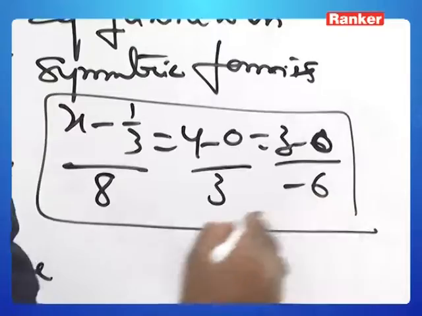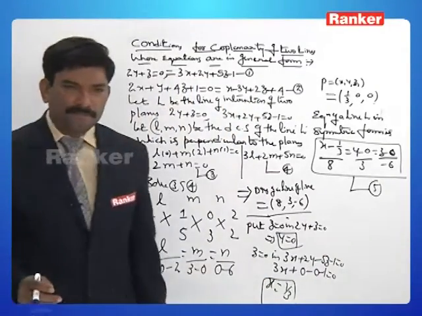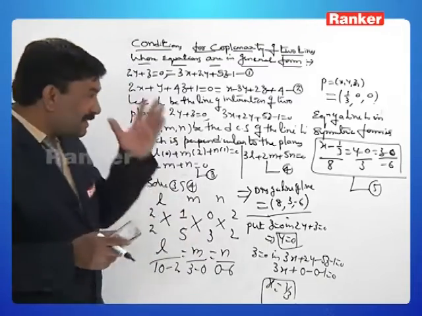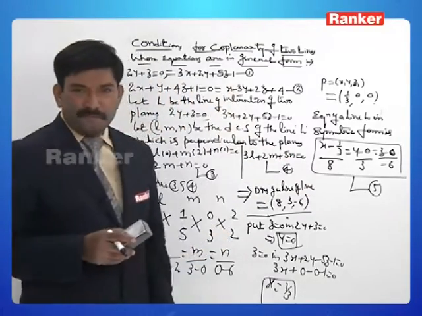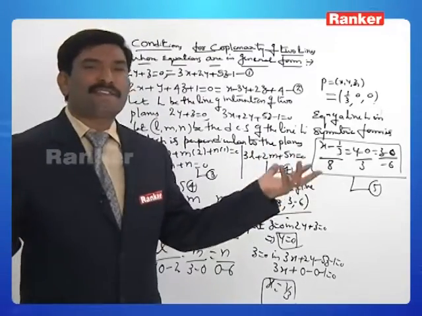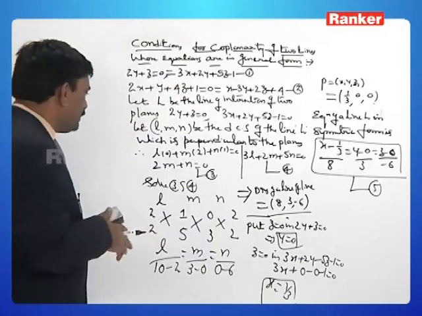This is the equation of a line in symmetrical form. Understood? So this line must be satisfied by these two lines. Then we can say that they are intersecting. Okay, let us see how this is.